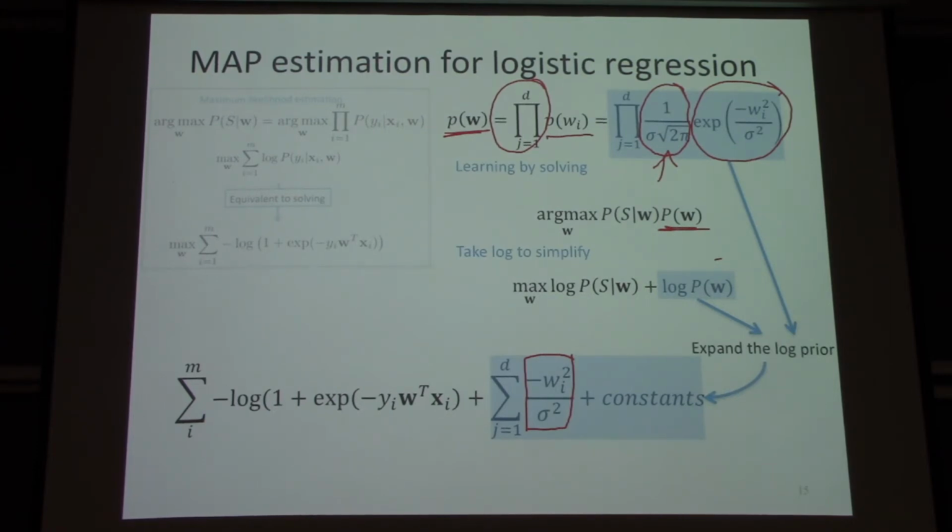If sigma is really large, that says I don't know anything. If sigma is infinity, basically it says I know nothing. I don't mind if the weights go all the way to infinity. Essentially, sigma being infinity makes this equivalent to maximum likelihood.